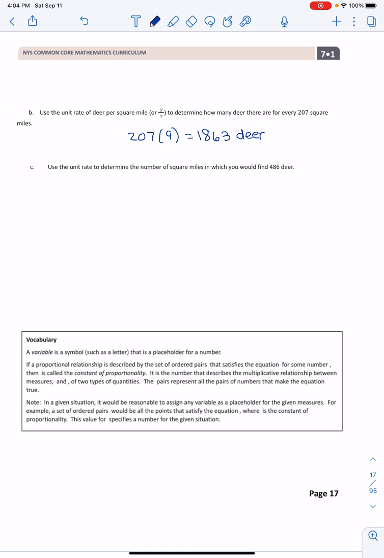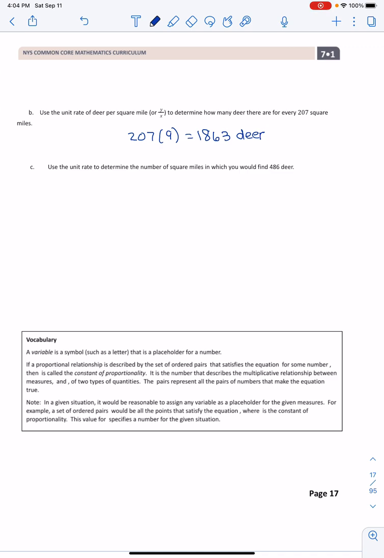So it says use the unit rate to determine the number of square miles in which you would find 486 deer. Now remember, if it's 9 deer for every square mile, in this case, we want to divide to find out how many square miles for that many deer.